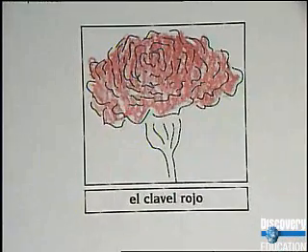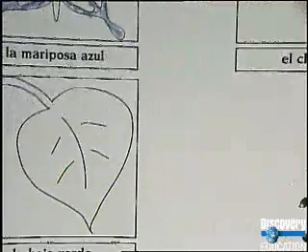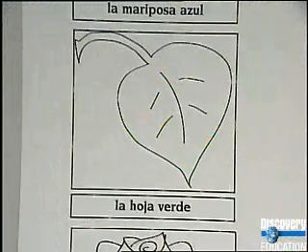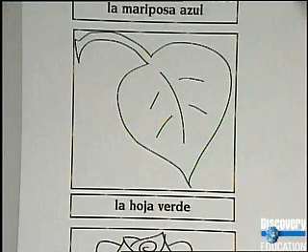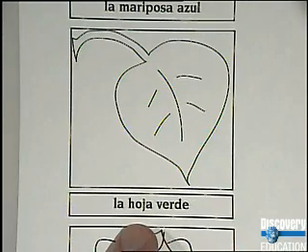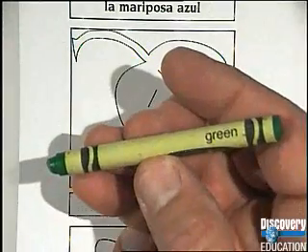Okay, let's look at the next one. Clavel rojo. La hoja verde. Red is rojo. Green is verde. So here we go. La hoja verde. I've got my color verde.